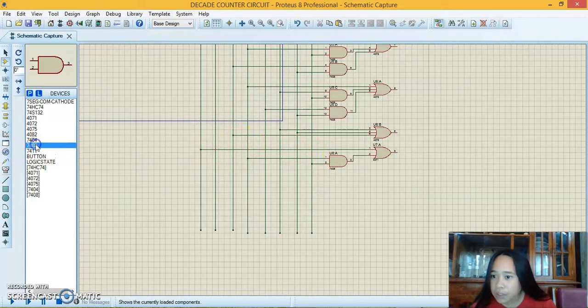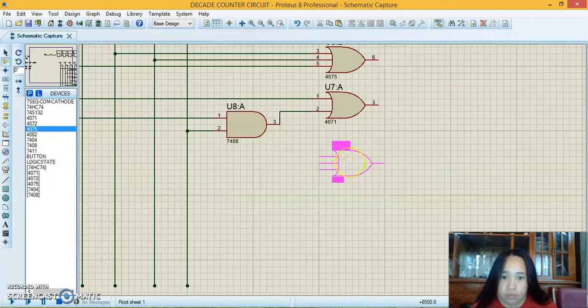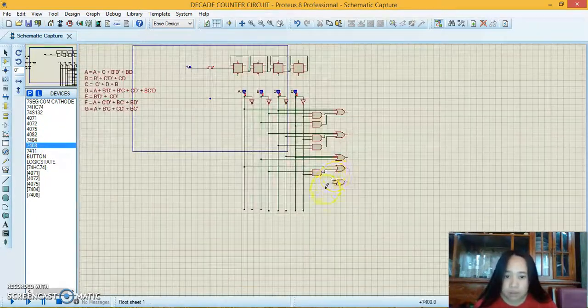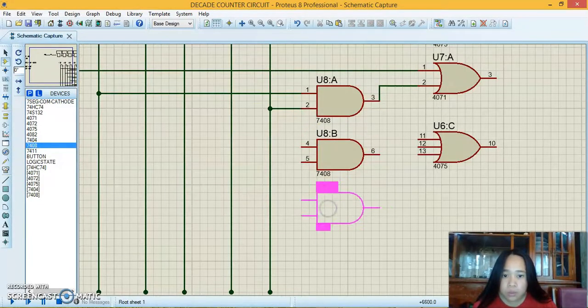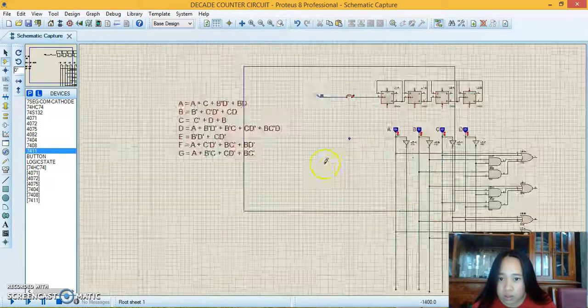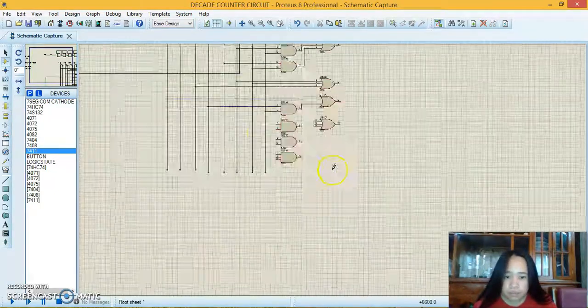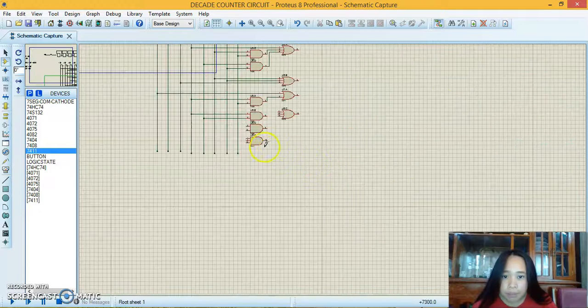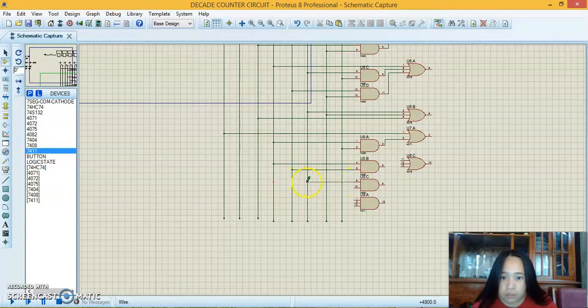Next we need a three input OR gate. We need two input AND gates and a three input AND gate for B prime C plus C D prime plus B C prime D. So 1, 2, 3, and a three input AND gate here. The B prime C. Next is the C D prime.